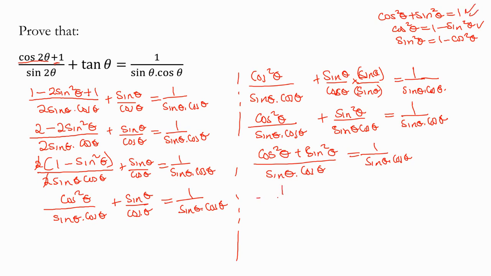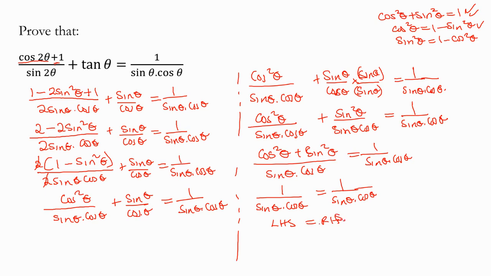So it's going to be 1 over sin theta times cos theta is equal to 1 over sin theta cos theta. See that?